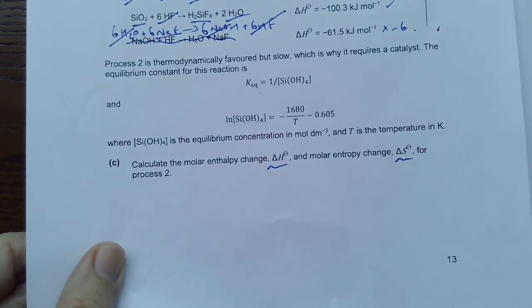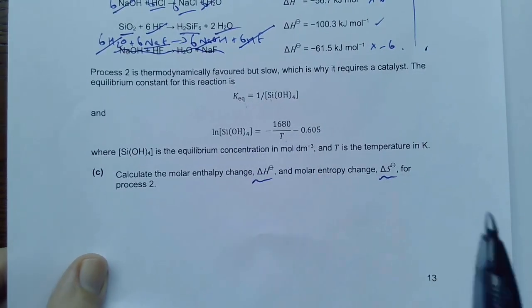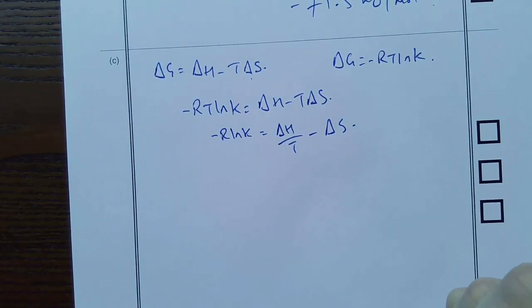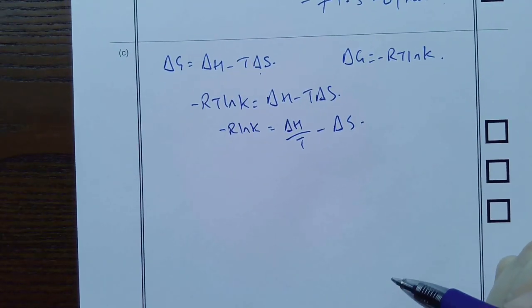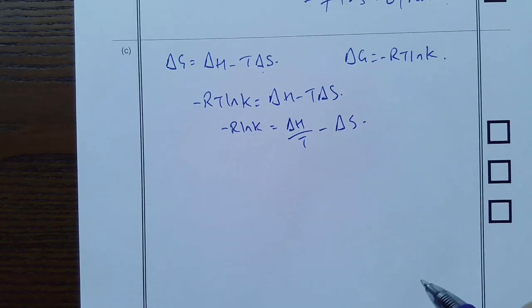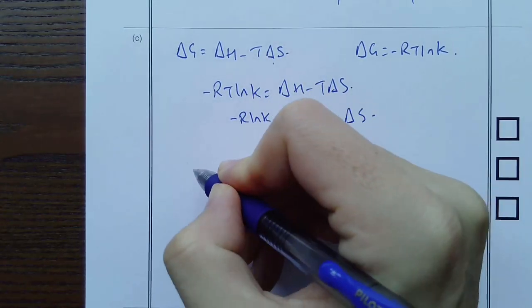And even better, I've got this log, and then I've got my equilibrium constant here. Before I do the log, it's probably just easier if I tidy up this minus R here. So let's divide by minus R and hope that works.